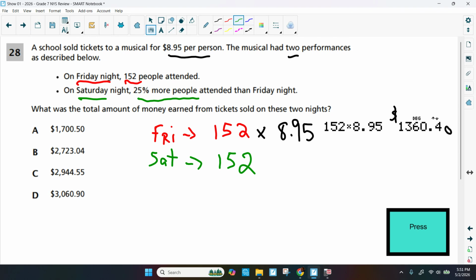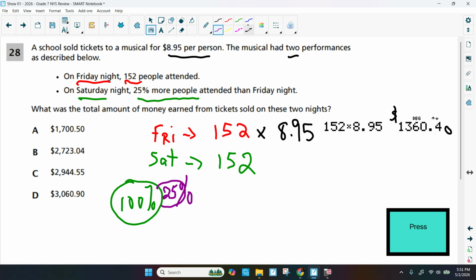I usually draw a circle so people could see what's going on. This is 100% when I'm talking percentages, since they're talking 25%. And I tell the kids there's a pimple that's added on there. How much more? 25%. So there's more people added on to the 152 people.